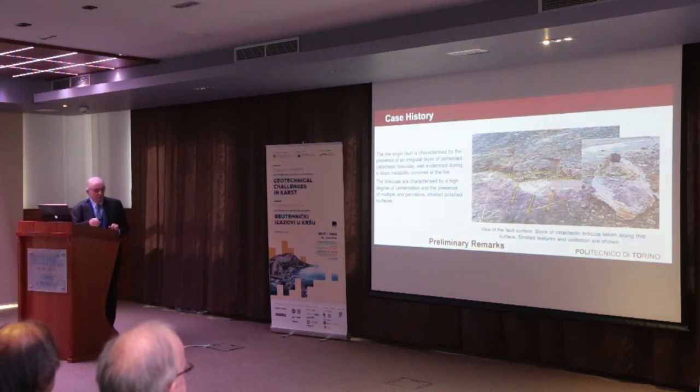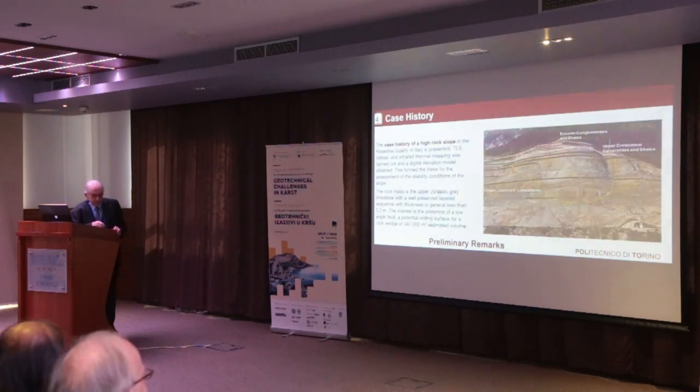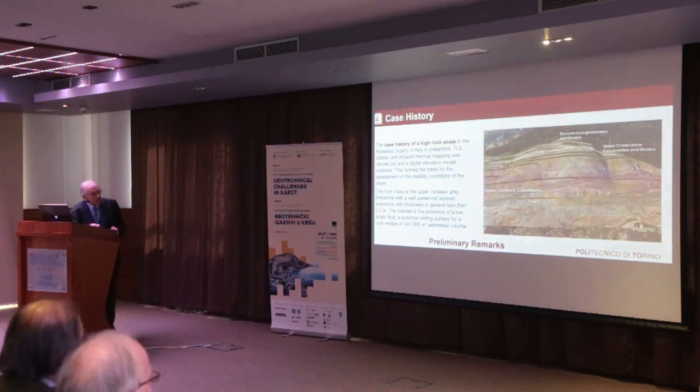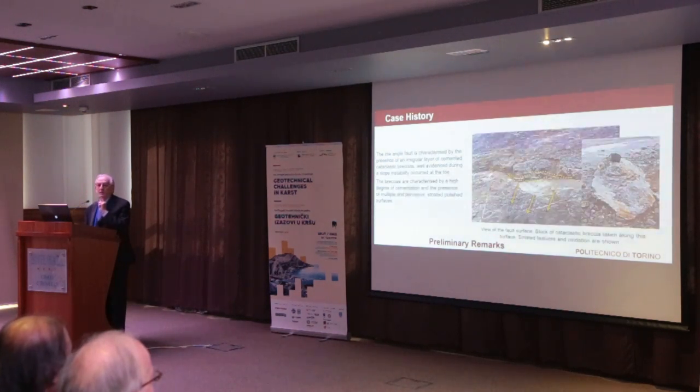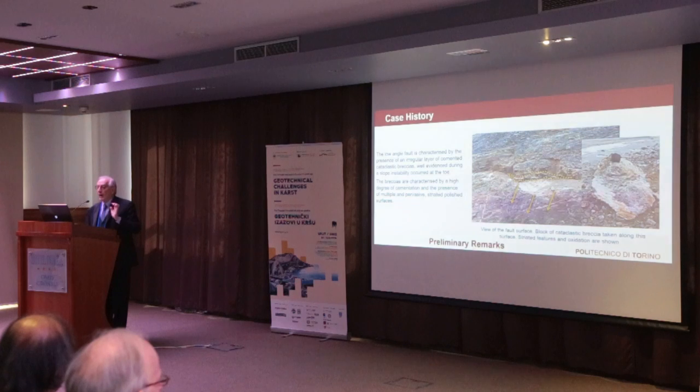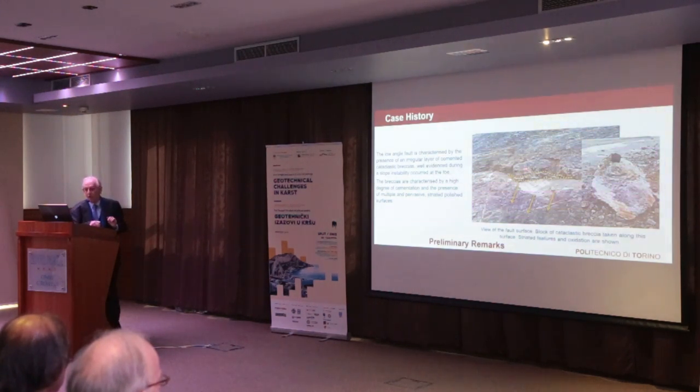If I go back to this picture, and I go right in this area, right here, I'm able to see the nature of the rock fault. It's a low-angle fault. You can see here, it's a low-angle fault.